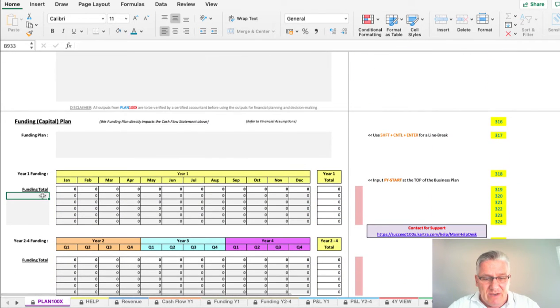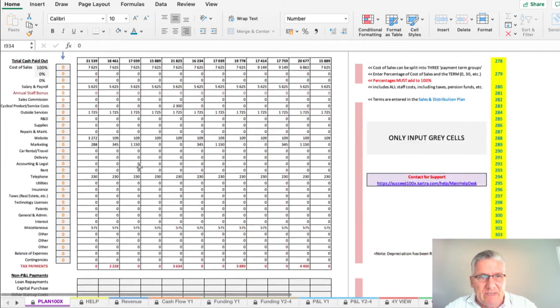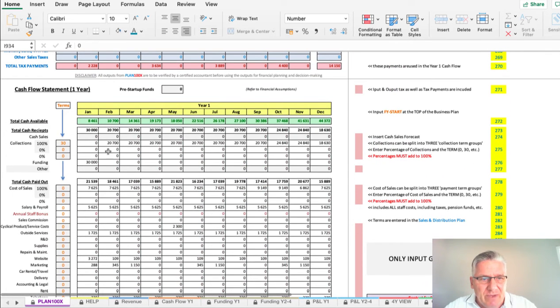At this point you could go into your bank, let's call it Bank 1, and we're going to get $30,000 of funding. What happens now is suddenly everything turns green again because your funding is showing at this level.